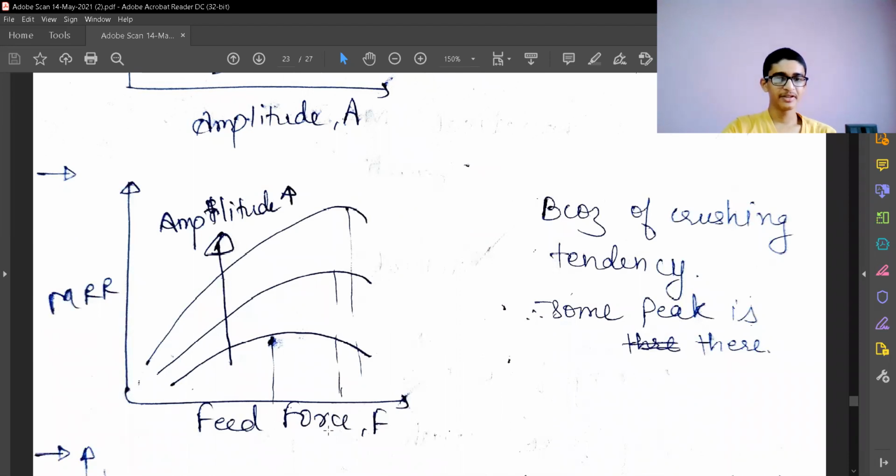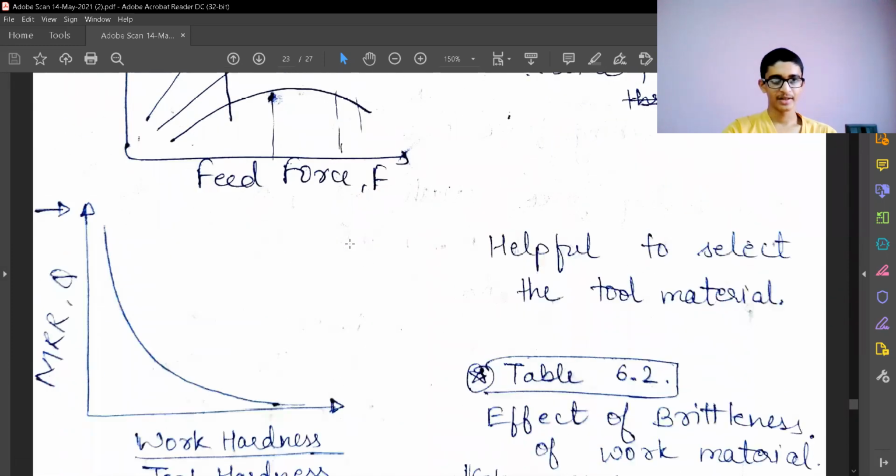Now MRR changing with feed force with different amplitudes of vibration. Because of the crushing tendency, again I have some maxima. As I increase my amplitude, obviously the material removal rate is going to increase. As I increase the feed force also, the material removal rate is increasing, but because of the crushing tendency, it has some maximum and then it starts reducing.